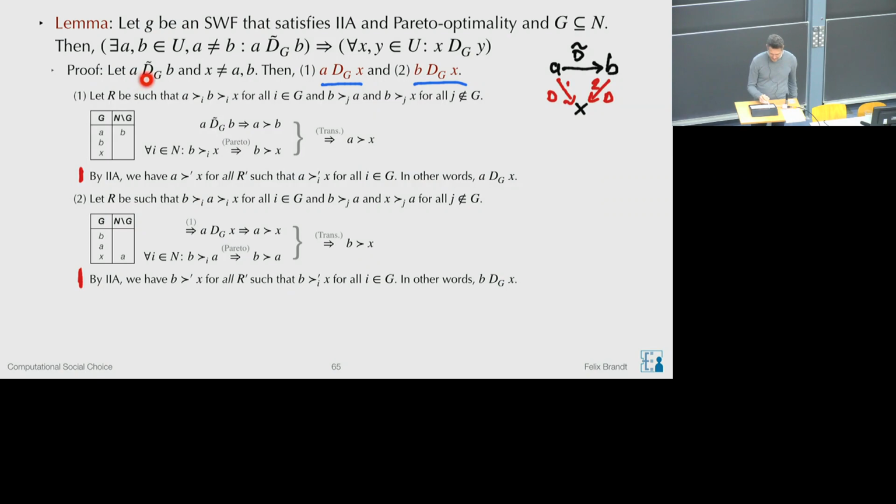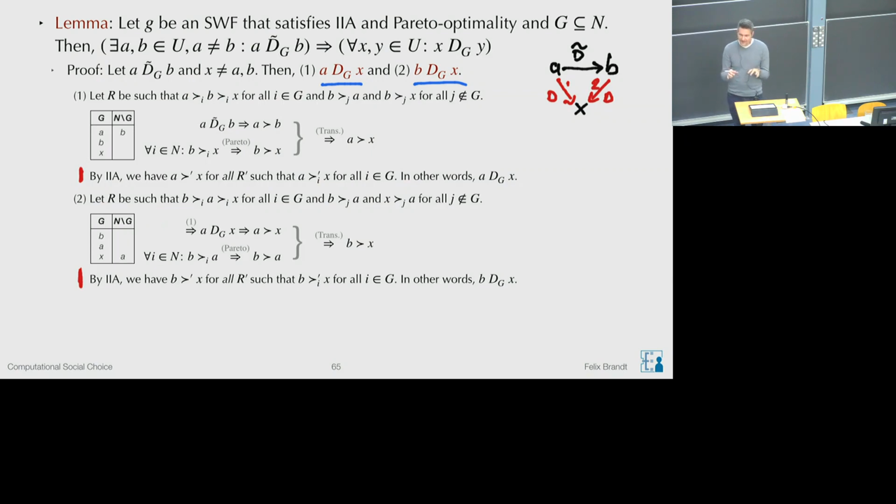Yeah, but here we showed that if G is semi-decisive for A against B, then in general for all profiles, G also has to be decisive for A against X, not only in this particular profile, but in any profile. So maybe you can think that semi-decisiveness is a property of a single profile, because in the definition we specify the preferences of voters in G and all the voters who are not in G completely, right?